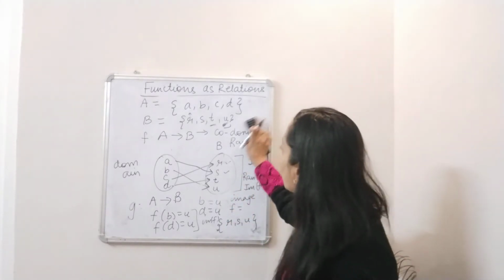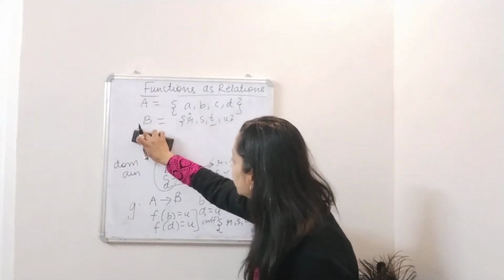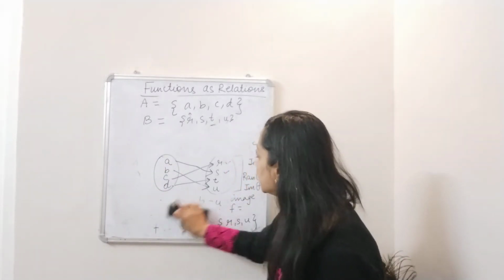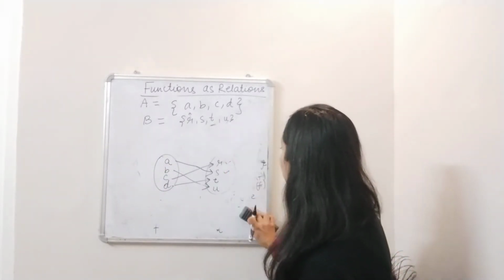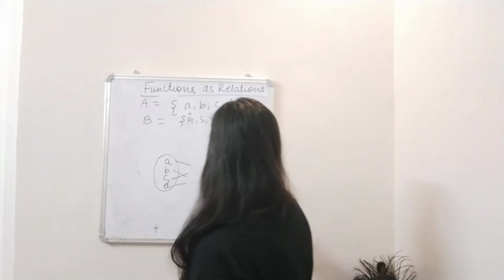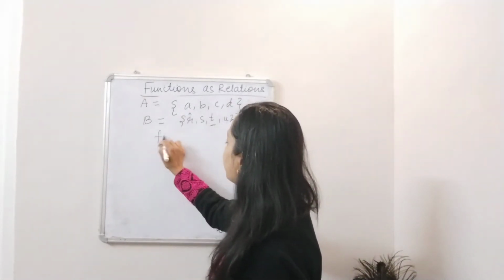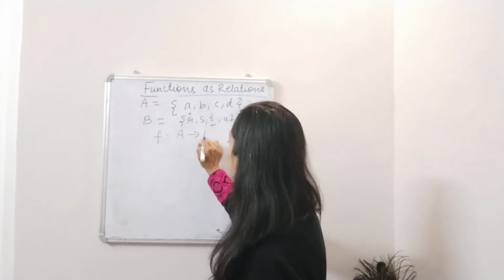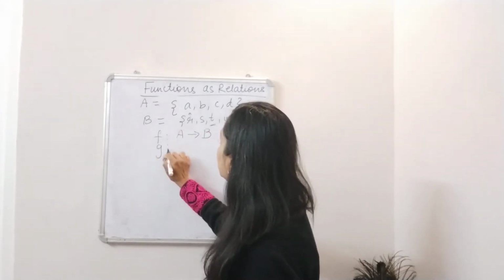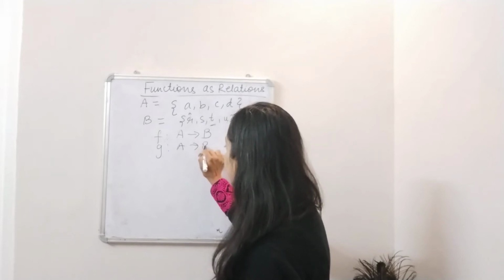Okay, now moving on, if we have two different functions, say function f which goes from set A into set B and function g which goes from set A into set B, right?